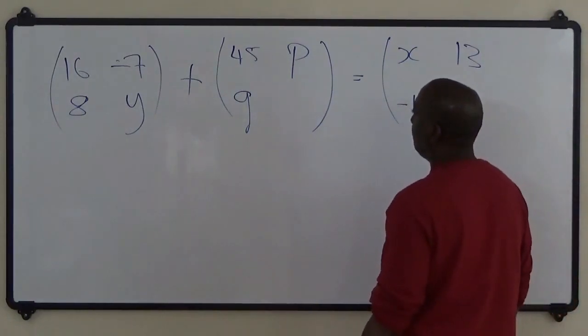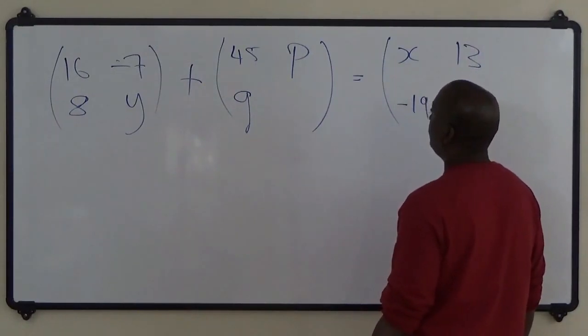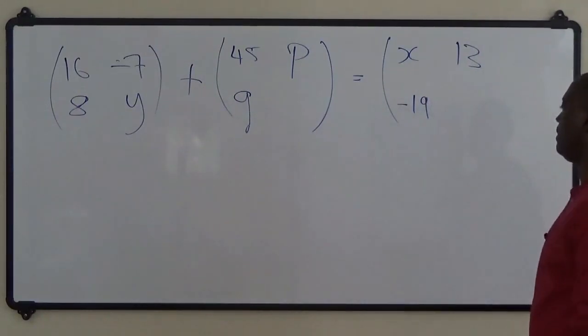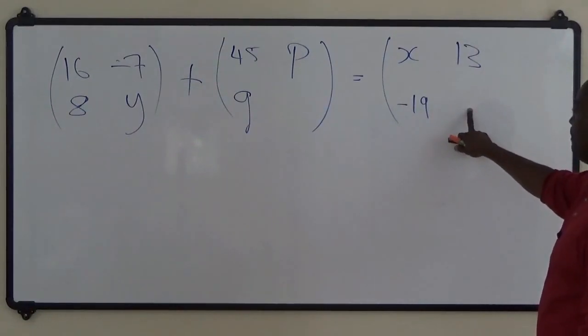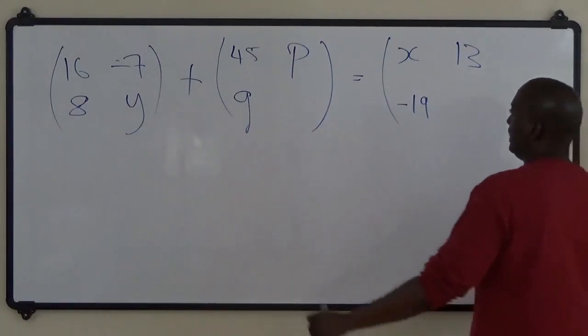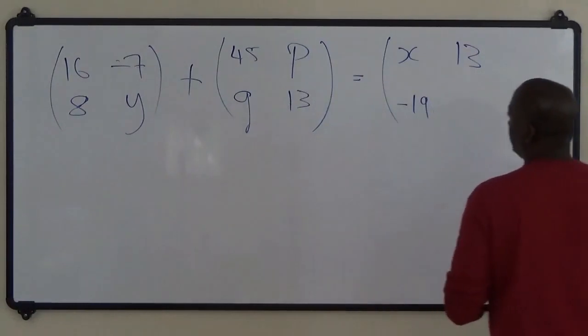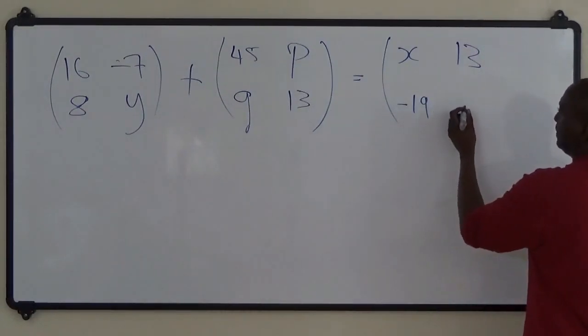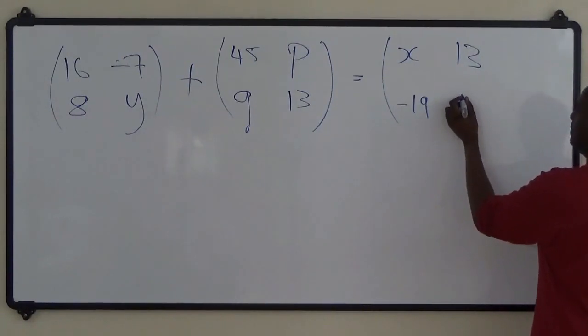And we have a number there, so we want an unknown here: y plus 13 is equal to minus 46.